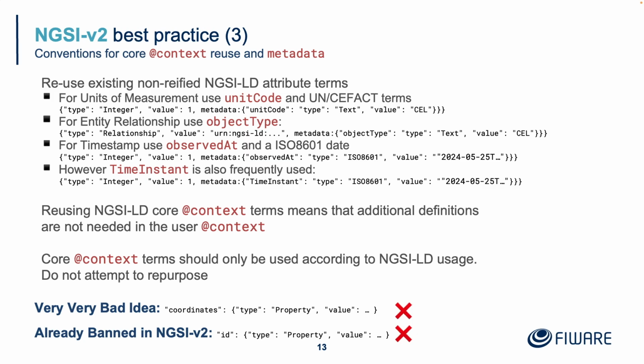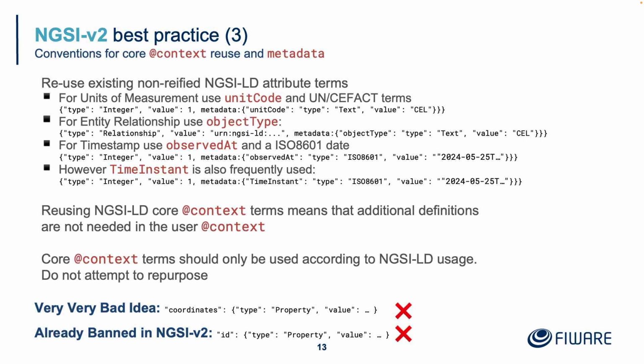There's a huge list of these. For example, CEL is for Celsius. If you are trying to deal with something pointing at something else, like the object type, you can put a metadata element in there saying that this is pointing to, in that case, CL as well.